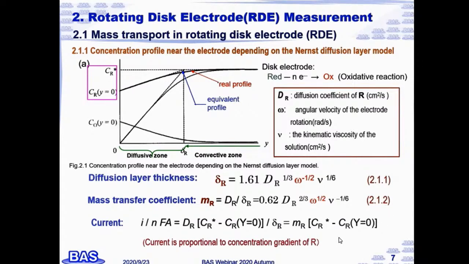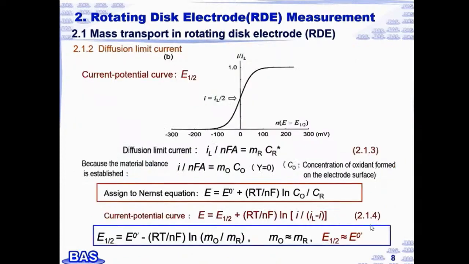The current value is proportional to the concentration gradient. When the electrode surface concentration of the reactant becomes zero, the concentration gradient becomes maximum, at which time the diffusion limiting current is obtained.